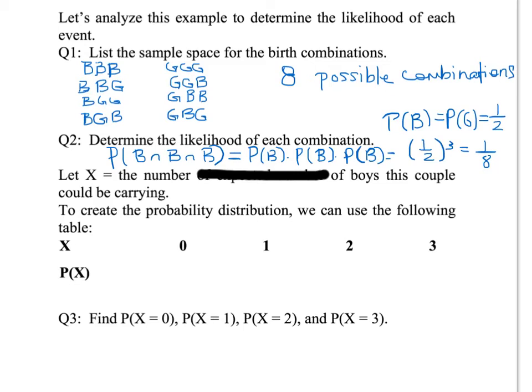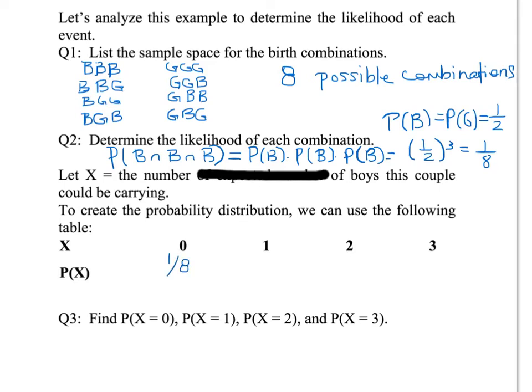now if we want to find the probabilities of each of these, we just have to go back to the sample space for the possible birth combinations. I have 0 boys whenever I have all girls. That only happens in one case, and so the probability there, because girl times girl times girl, 1/2 times 1/2 times 1/2, would be 1/8.